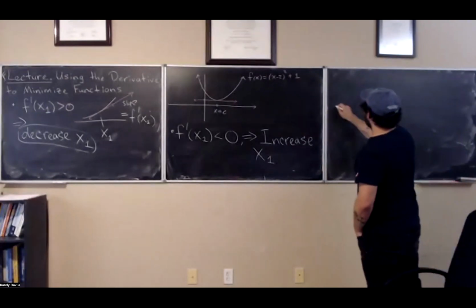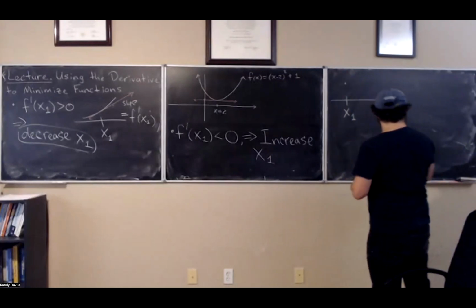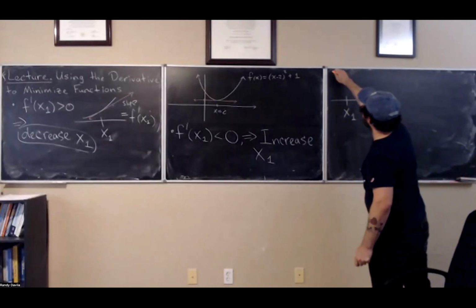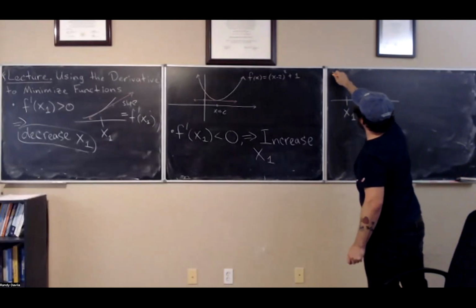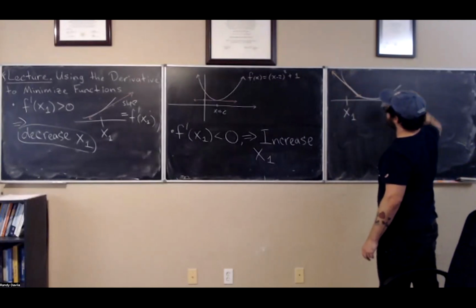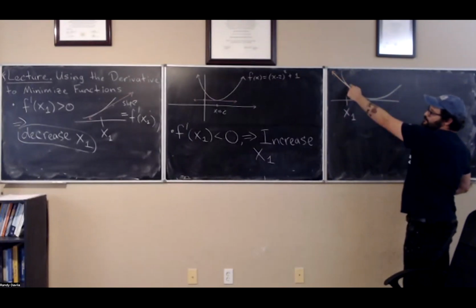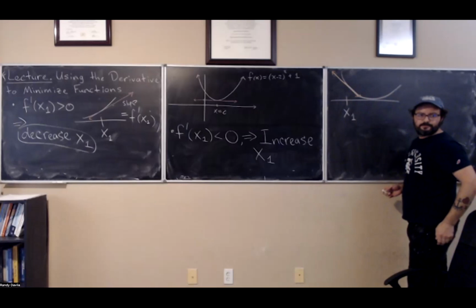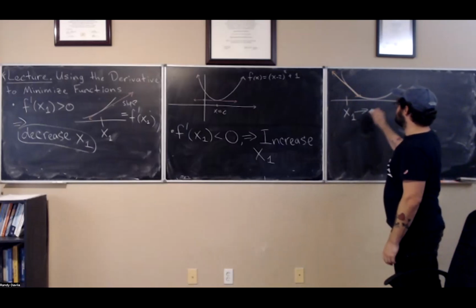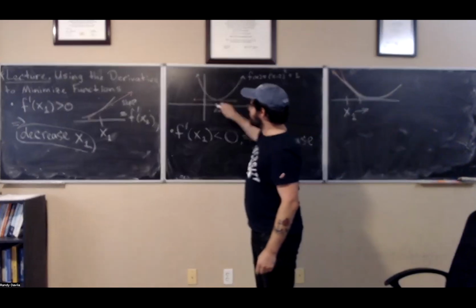If we're here, and the slope of the tangent line is like this at the curve, if it's negative, that means if we move this way, we're going to go down the slope. So we need to go this way to find a new guess that's closer to here.